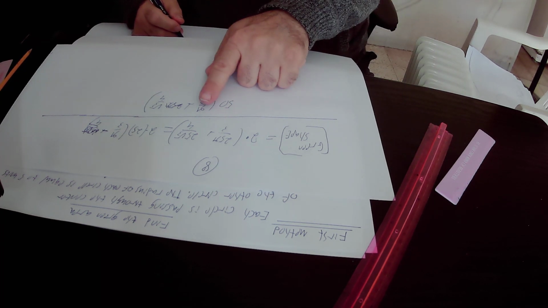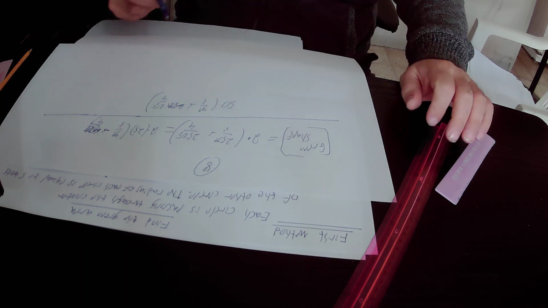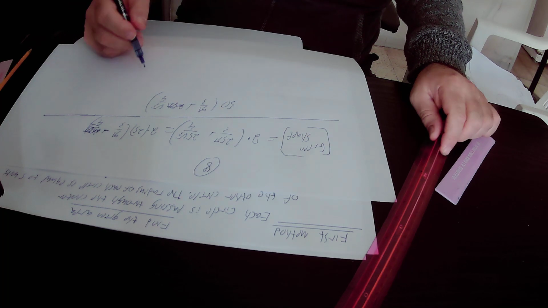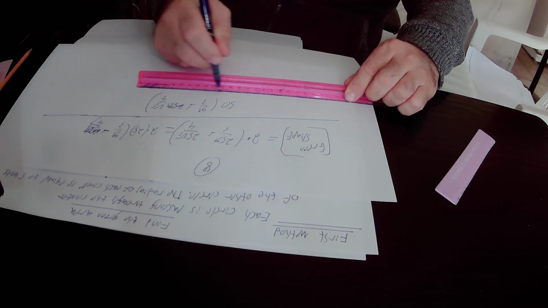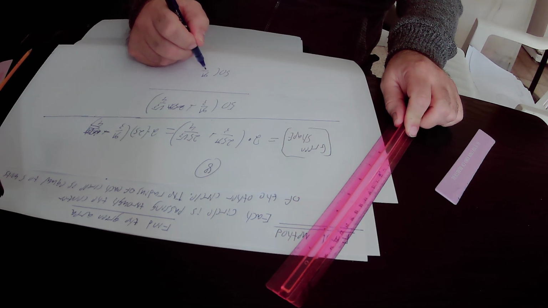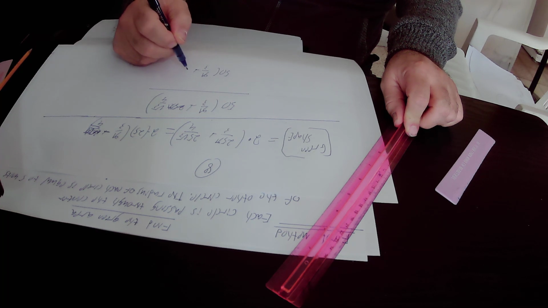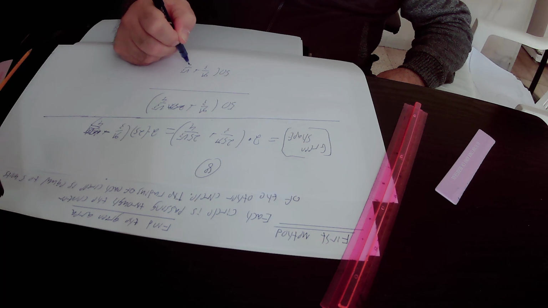So we found out that the area of the green shape equals 50 times pi over 3 plus square root of 3 over 4.